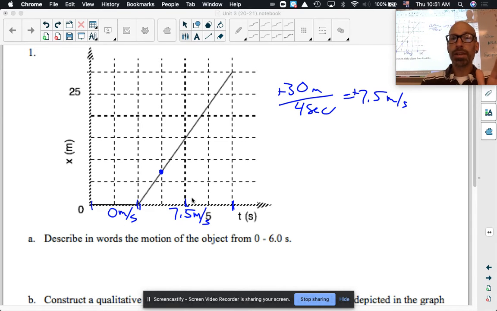Now, I suppose the other thing that could happen, if you had the two different kinds of motion happening for equal intervals of time, that could work.